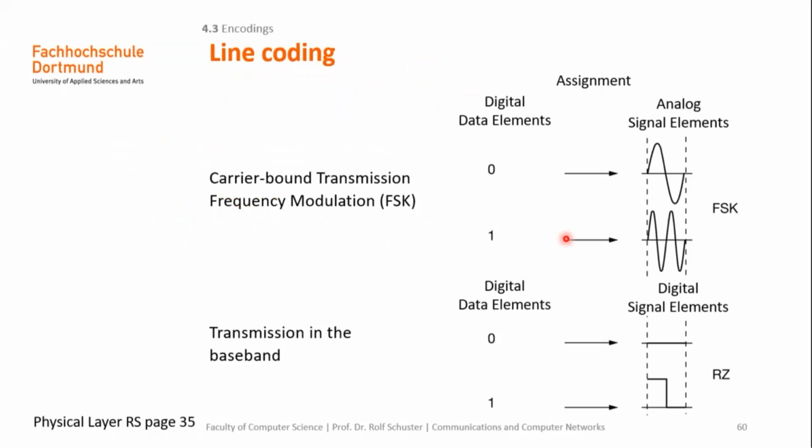Well, in order to understand the line coding, in fact, we could use different symbols. For instance, a symbol could be, in the case of this encoding method called frequency shift keying, we could use different frequencies for each symbol.